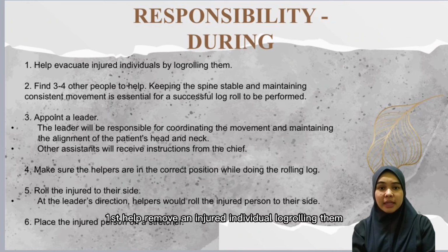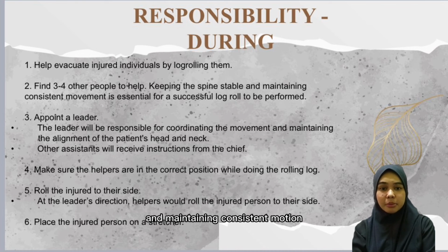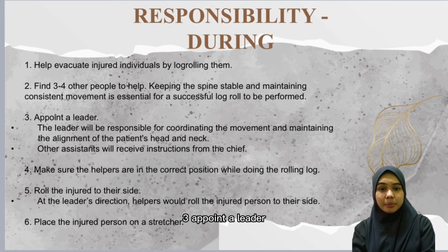First, help move an injured individual by log rolling them. This method is used when a person is injured and needs to be moved or transported by other people. Second, find 3 or 4 other people to help. Keeping the spine stabilized and maintaining consistent motion is vital to a successful log roll, and a minimum of 4 people is needed to do that. Next, appoint a leader.